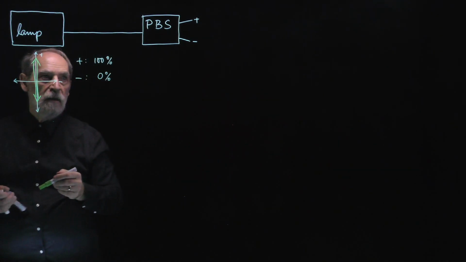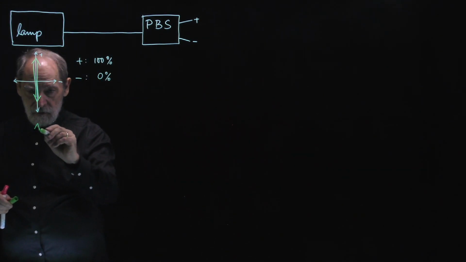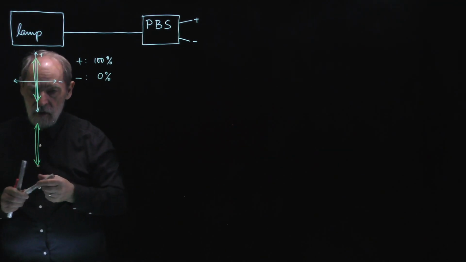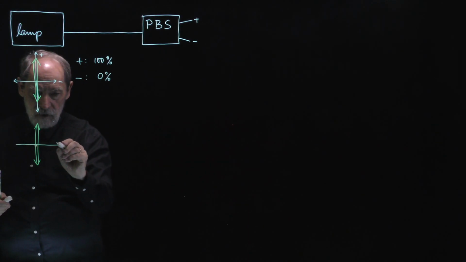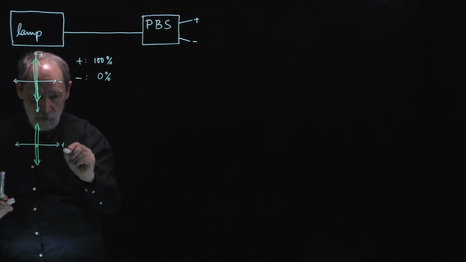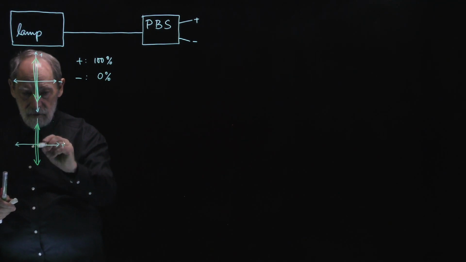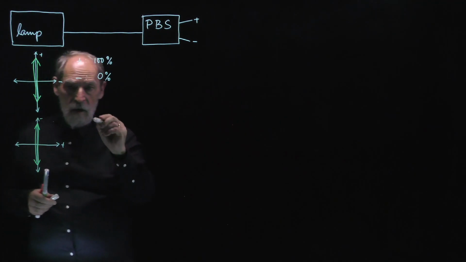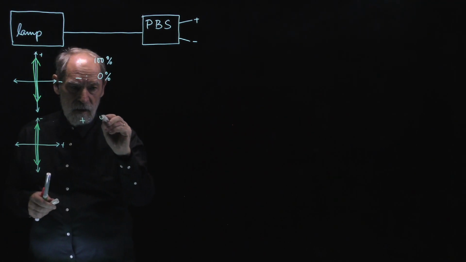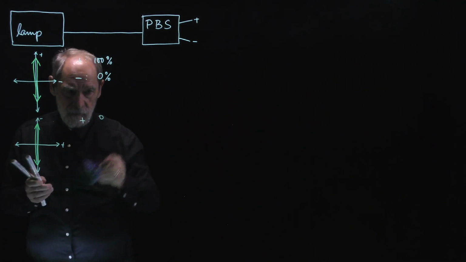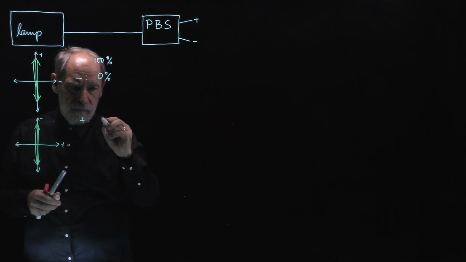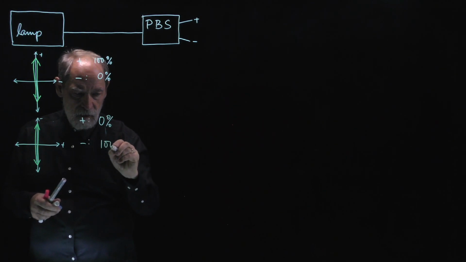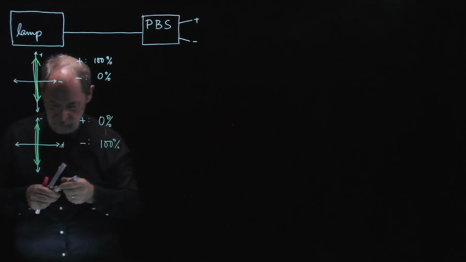Now, the polarizing beam splitter can be rotated, and we can rotate it by 90 degrees such that now the plus direction is horizontally polarized and the minus direction is vertically polarized. So now we have no intensity at the plus output port, and we have all the intensity at the minus output port.